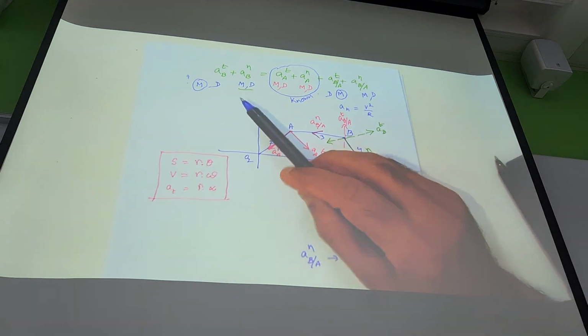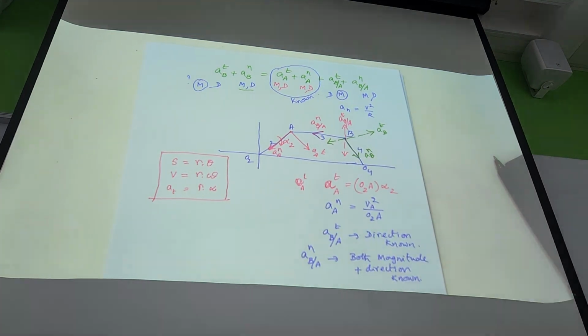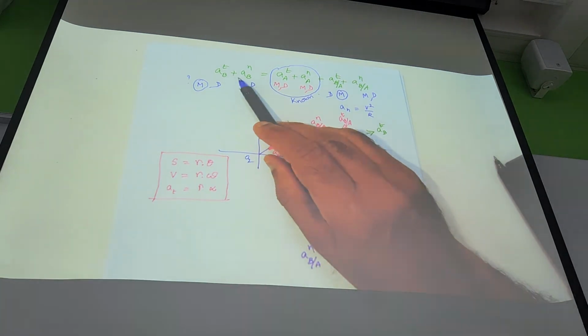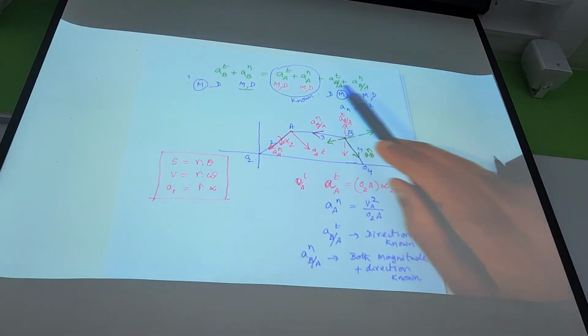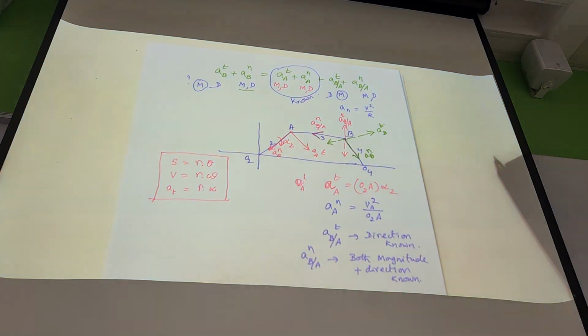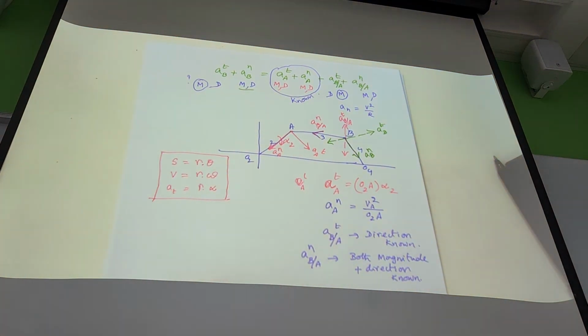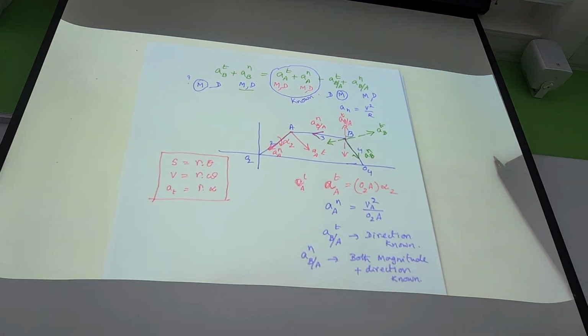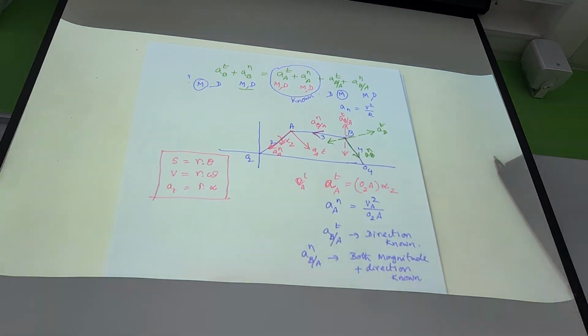When you start acceleration analysis, the guiding equation is, similarly, acceleration of B is acceleration of A plus acceleration of B relative to A. But when dealing with acceleration, there is a normal component and a tangential component.